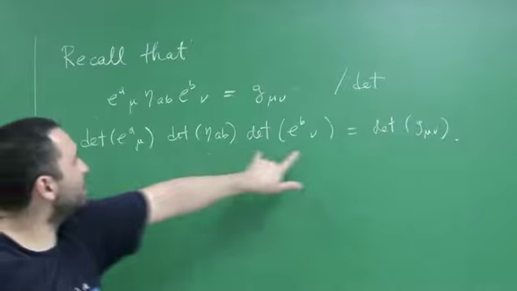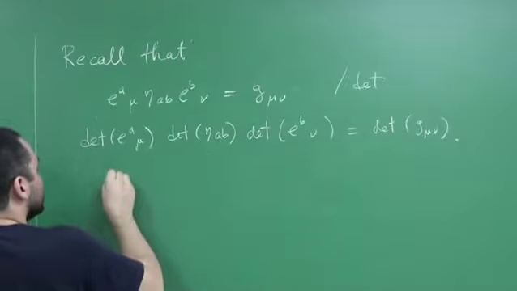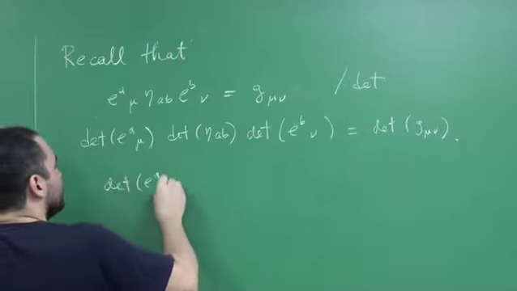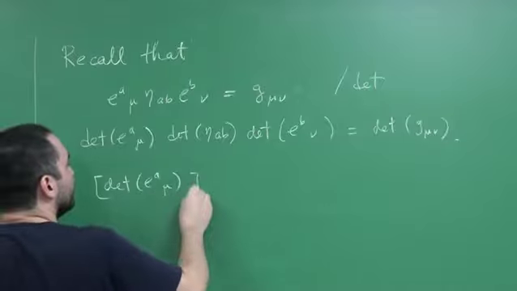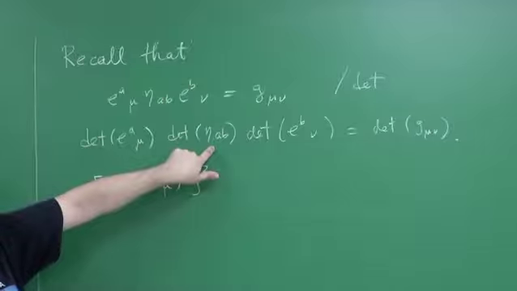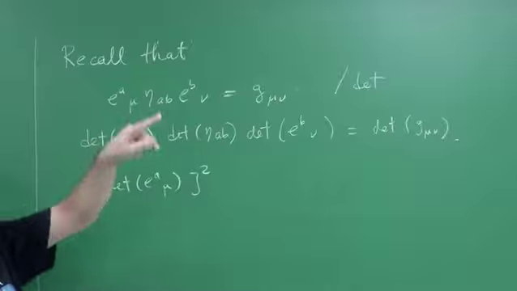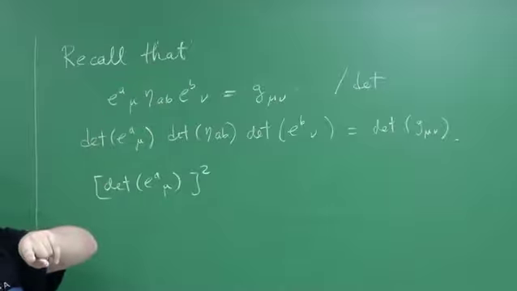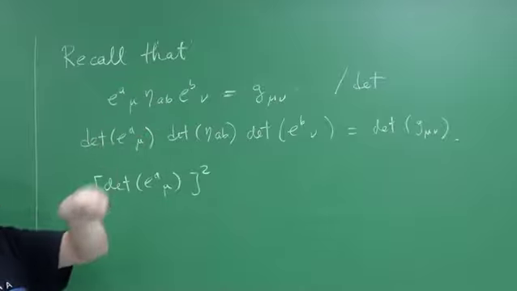Now this is the same as this. It's determinant of the vielbein squared. What's the determinant of eta AB? It's -1. If you multiply the elements in the diagonal, minus plus plus plus, it's -1.